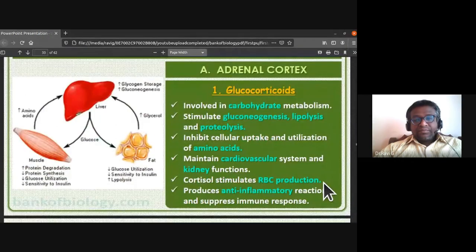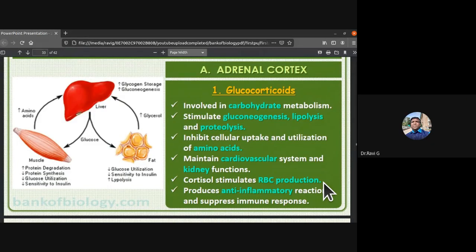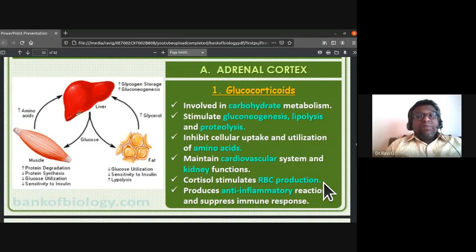What are the glucocorticoids involved in? They are involved in carbohydrate metabolism. They stimulate gluconeogenesis. Neo means new, genesis means formation, so new glucose formation is stimulated by the glucocorticoids.